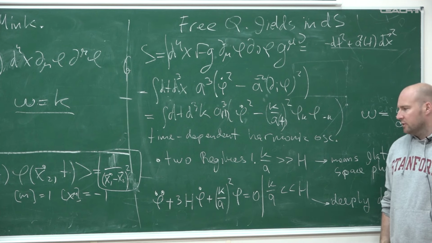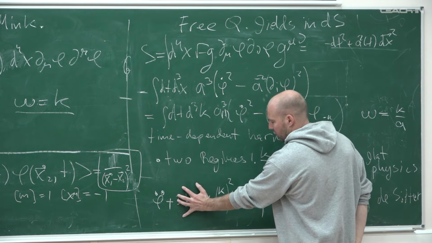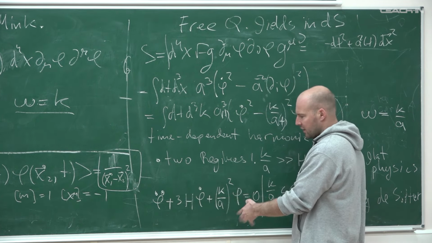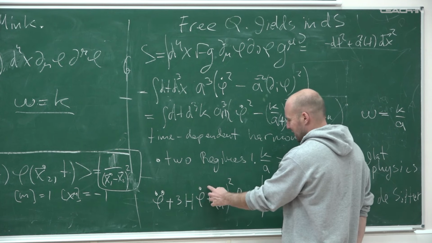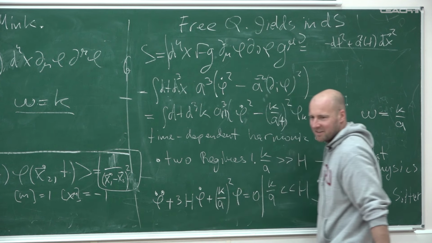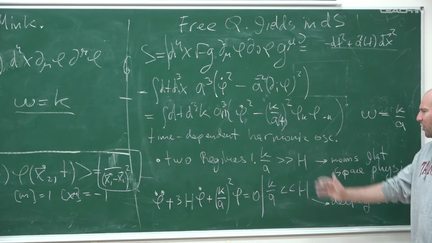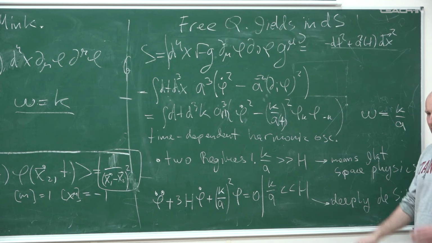So when we start from the deeply Minkowski regime, we ignore this term, and then phi dot is k over a. It gives the same answer, of course, because then H should become comparable to k over a. That's when this term kicks in. Yes, that's probably much more clear. It's better to start from the Minkowski regime, where omega is k over a.